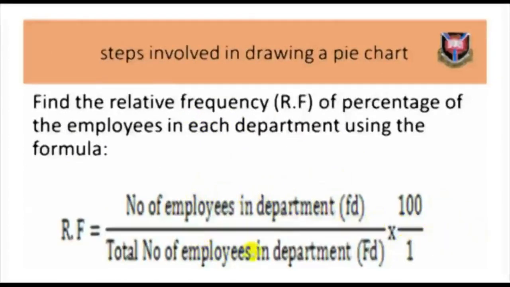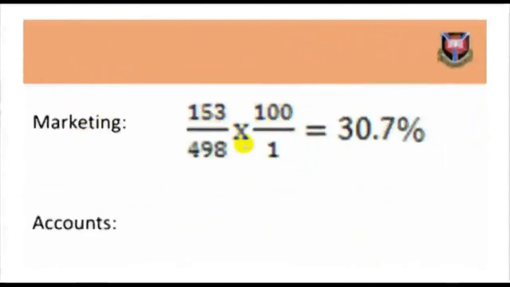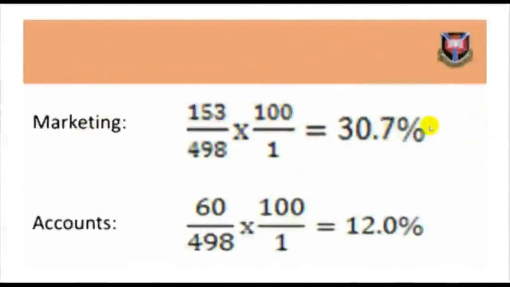For marketing, RF is 153 divided by 498 times 100 over 1, which is equal to 30.7%. For accounts, it is 60 over 498 times 100 over 1, which will give us 12%.